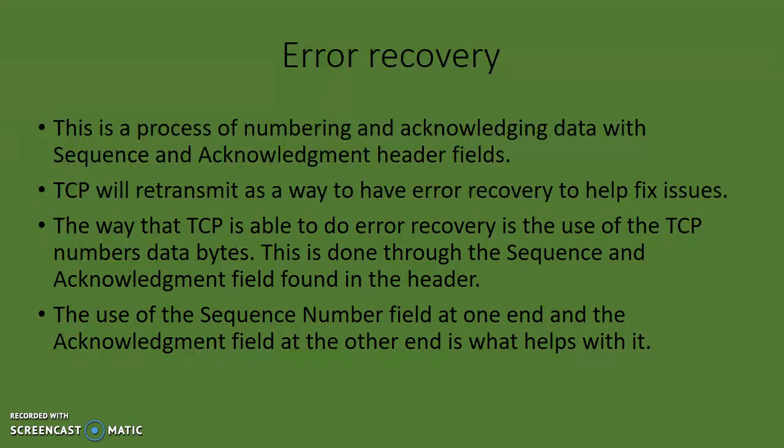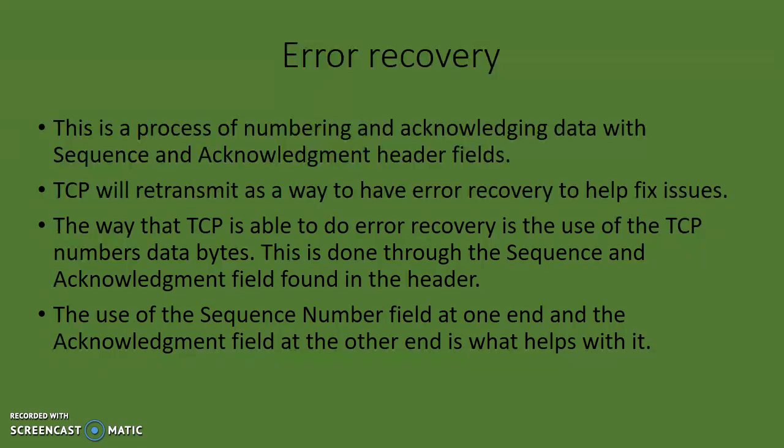TCP will retransmit as a way to have error recovery to help fix some of the issues. If it can't, then obviously it's just not going to send it out. Or if the route isn't done just right, it'll drop it if it cannot be fixed through error recovery.